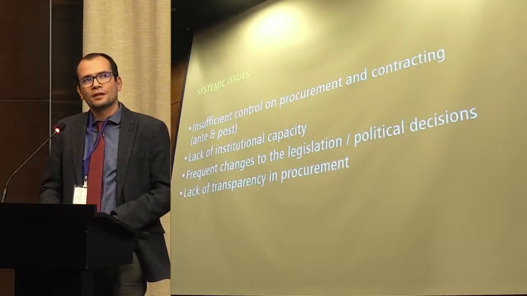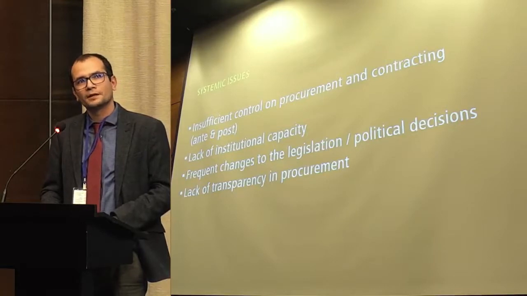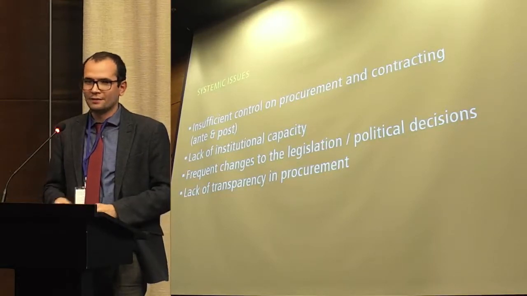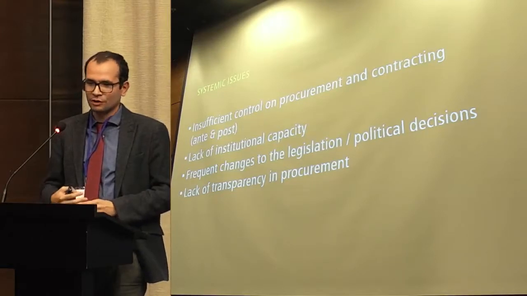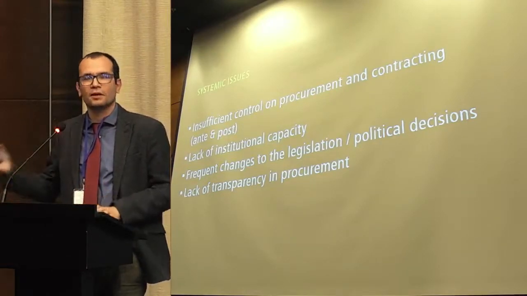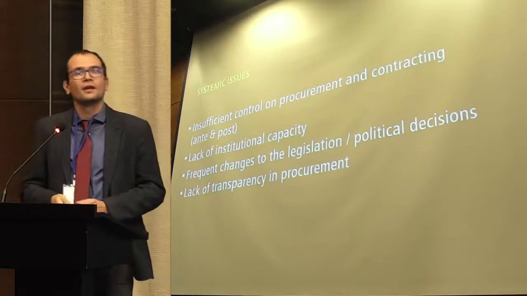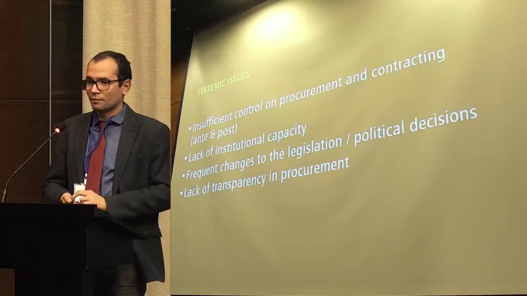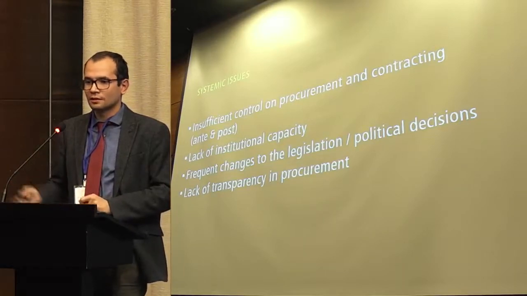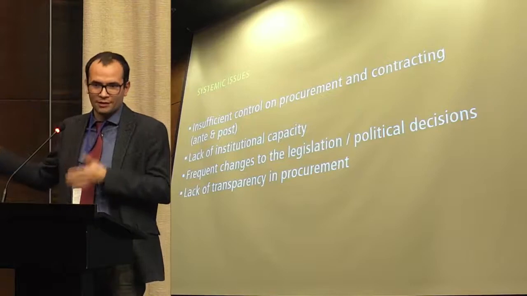For example, in December 2018, after Christmas, the government issued an emergency ordinance, which is a kind of law issued by the government, and it's published and creates effect as a law. And they said, okay, all the ex ante control should go to the contracting companies, not to the institution that handles procurement.